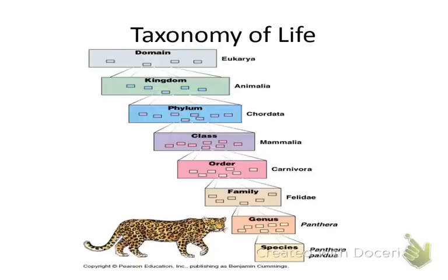Okay, so you got domain, kingdom. There's 6 different kingdoms, so write that in, 6 different kingdoms. And these kingdoms are animal, plant, fungi, protist, eubacteria, and archaebacteria.